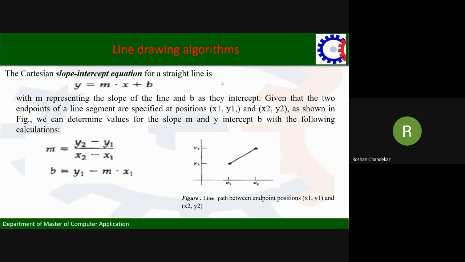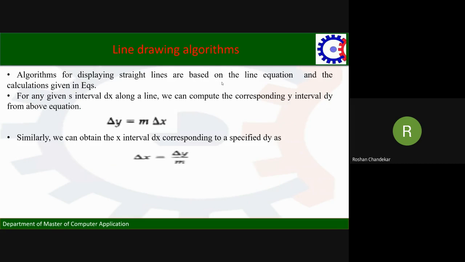For a given delta x, we calculate delta y is equal to m into delta x, and by recalculating the equation, we obtain the x interval corresponding to the specified delta y, that is delta x is equal to delta y divided by m. Here we can calculate the delta x value and delta y value for generating our straight line.